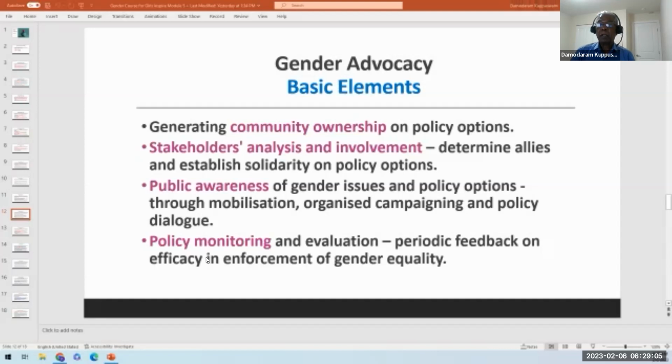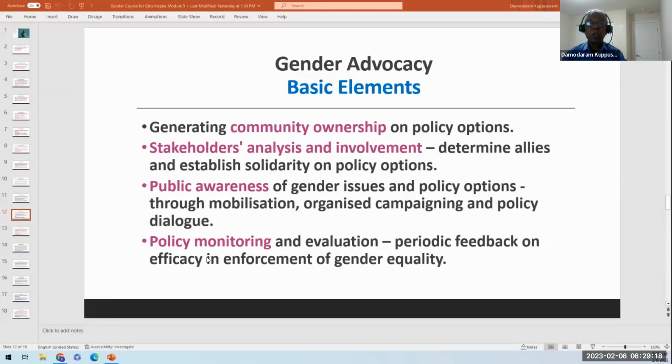And then raise awareness. That's where your campaign will come in, in terms of how you mobilize and how you raise policy dialogue with the people who are involved. That's where the lobbying, I think two of you have been saying it, will come.